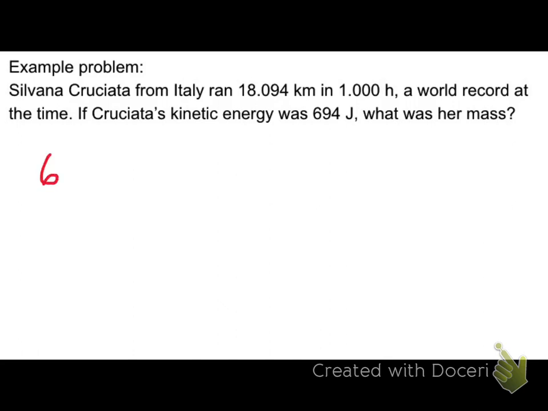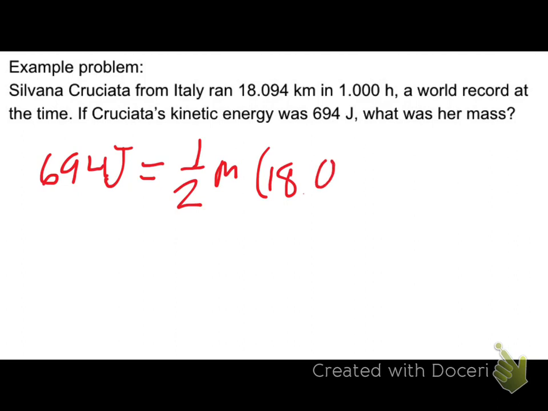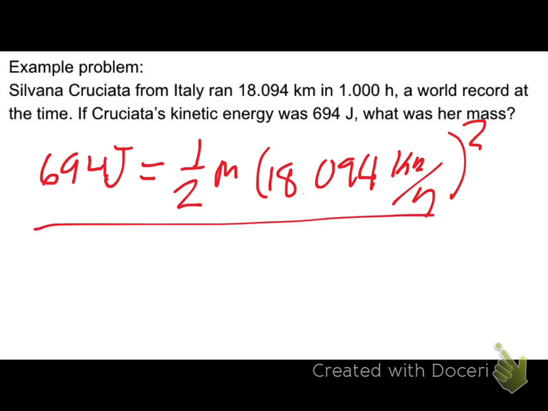So we have 694 joules is equal to 1/2 mass times 18.094 kilometers per hour squared. So we're gonna do this number, and then we're gonna divide both sides by whatever that is, right?